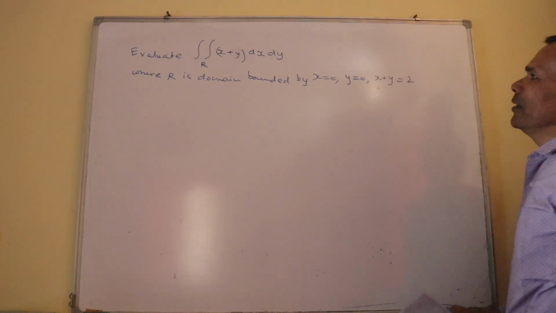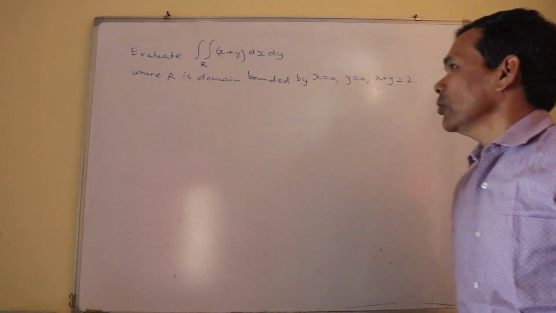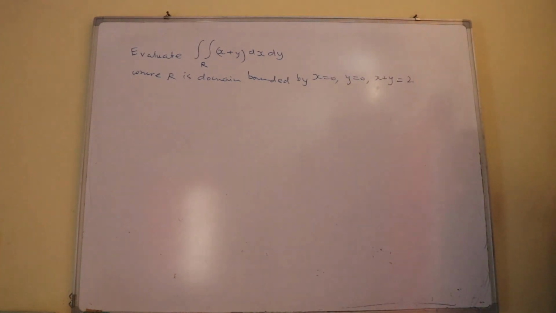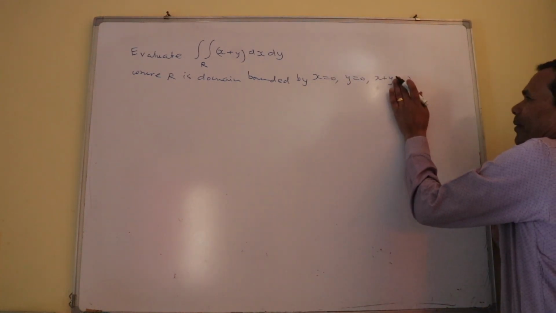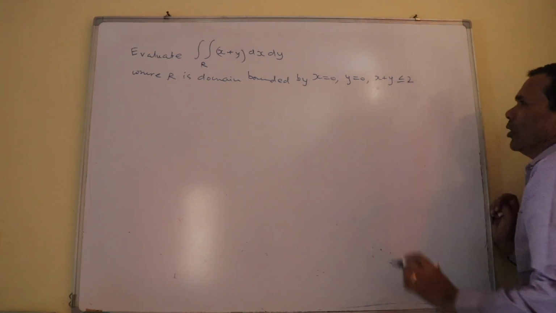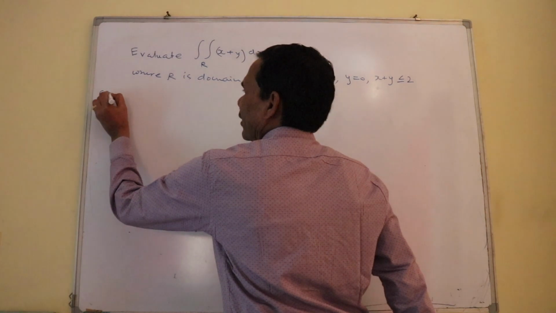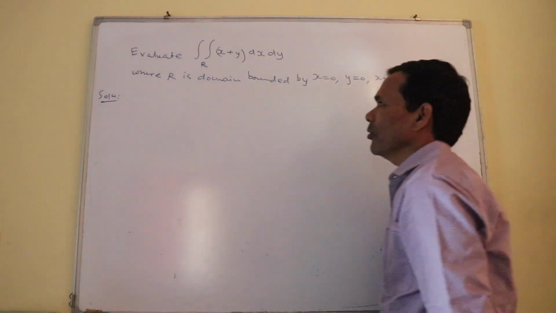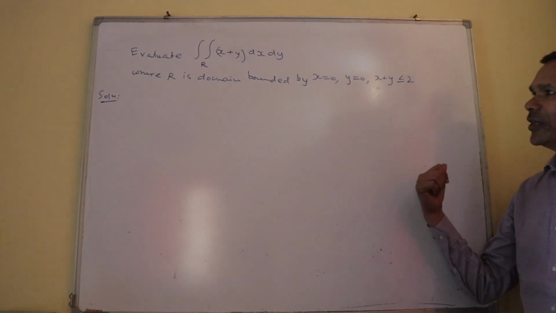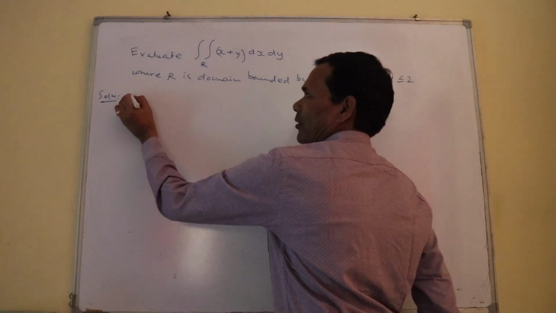Domain bounded by x is equal to 0, x plus y less than or equal to 2, or equal to 2. Solution, let I, now here limits are not given. You have to find out the limits. The region you have to sketch and then find out the limits.